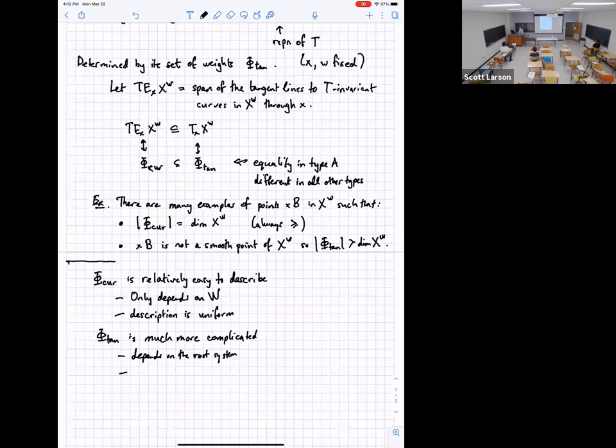It's been described for classical groups by Lakshmibai and Seshadri, but it's complicated.